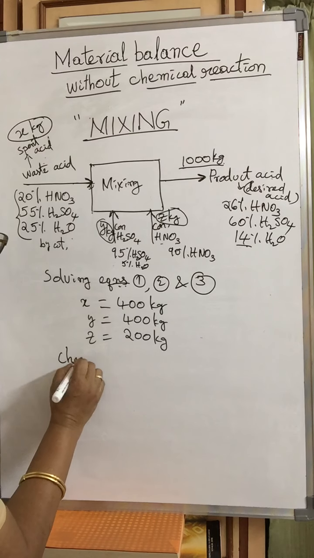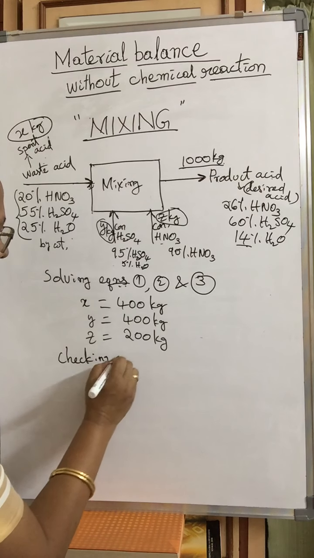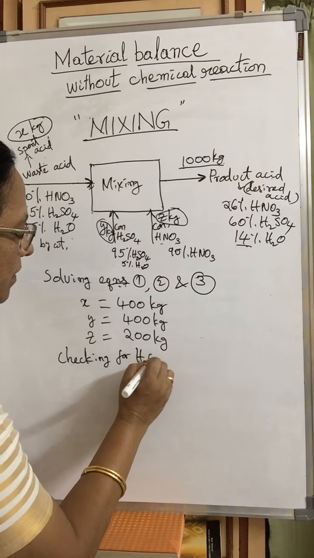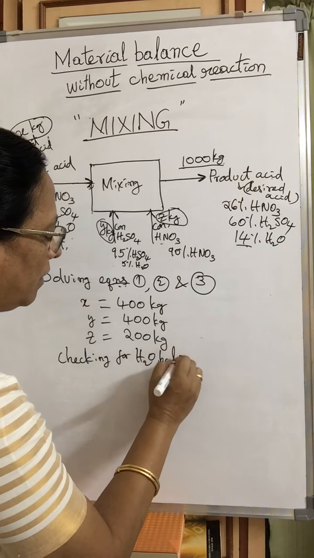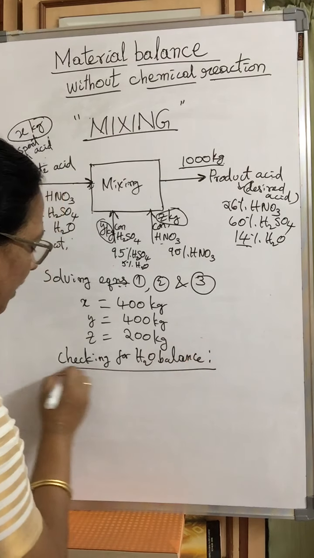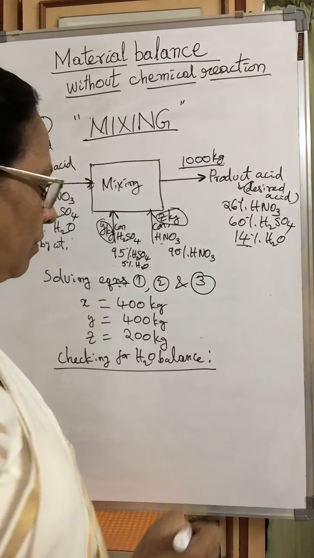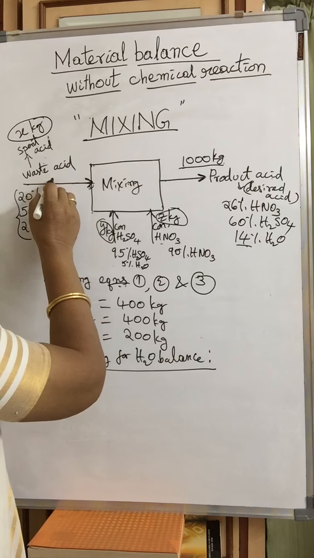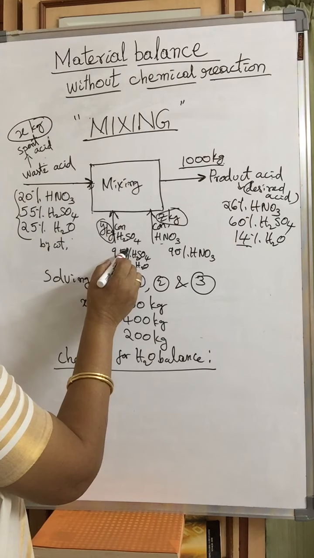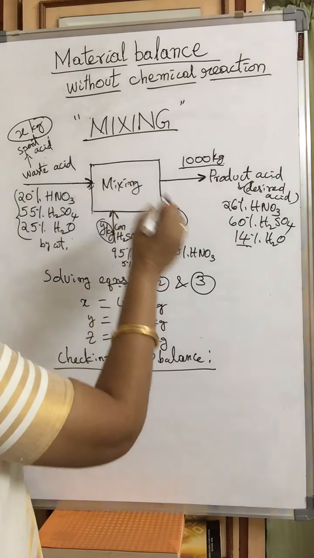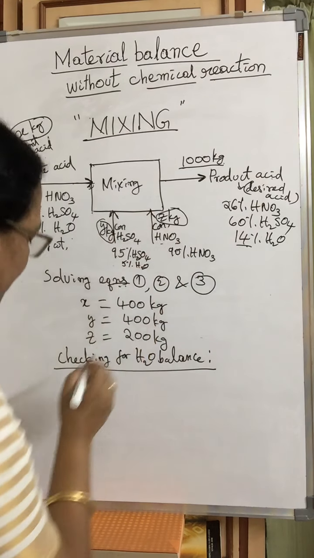Checking with the water balance. How to write the water balance? Water is present in spent acid, water is present in concentrated H2SO4, and water is present in concentrated HNO3.